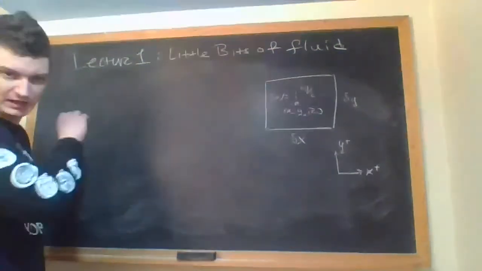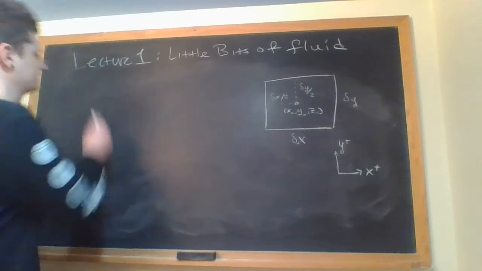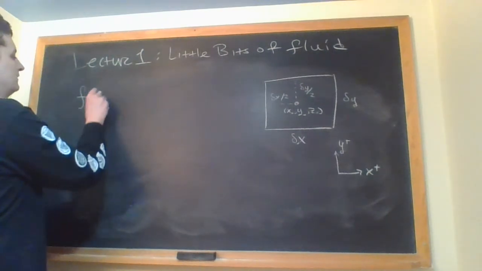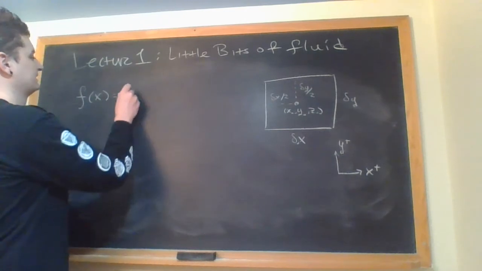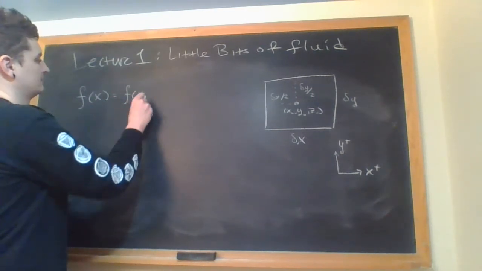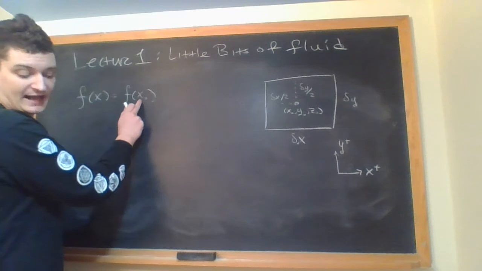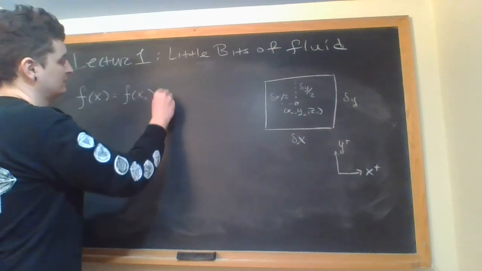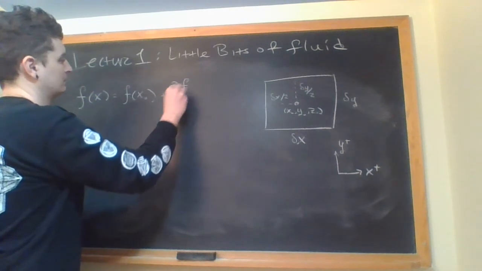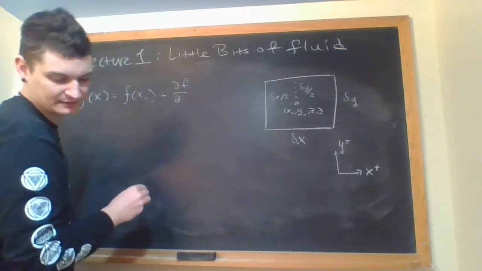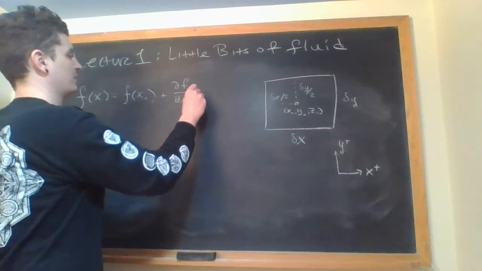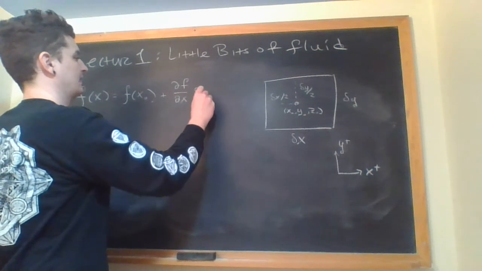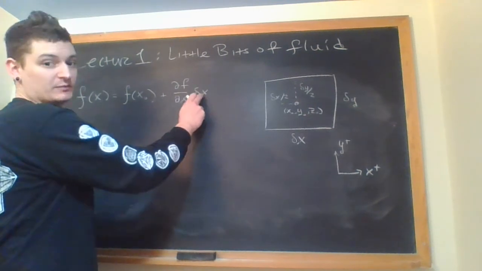That's just fundamental in all engineering estimations: you just say that any function, I'm going to say, is the function evaluated at a point plus the function derivative evaluated at the point, and then some tiny distance away from x.